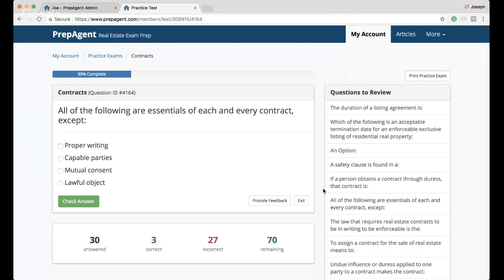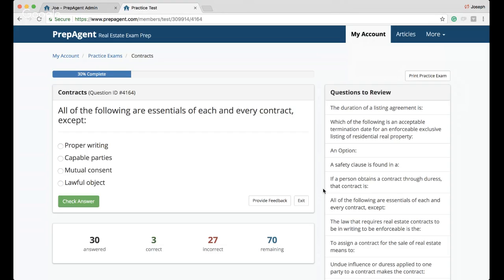Okay, so you got mutual consent, offer and acceptance. Offer and acceptance and mutual consent are pretty much the same thing. Lawful object, consideration, and capable parties. So if you don't know this, I want you guys to write this down: capable parties, mutual consent, lawful object, and consideration.